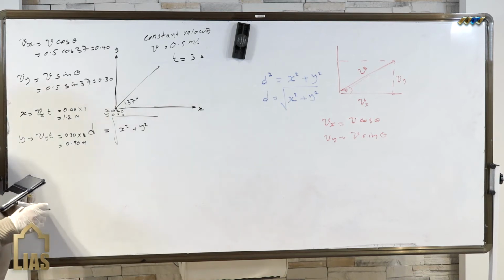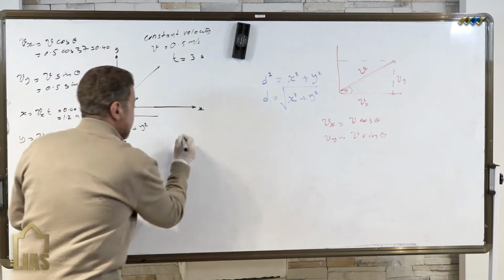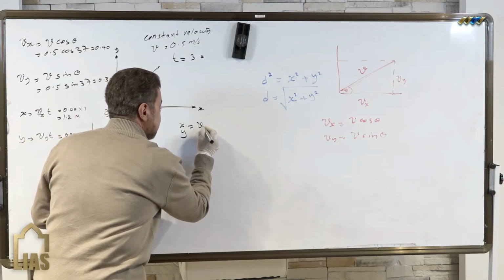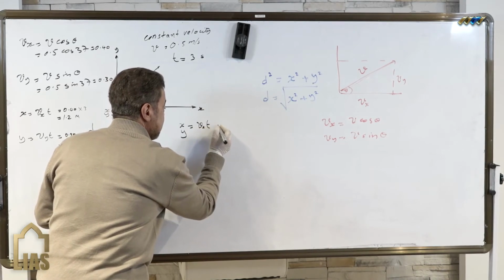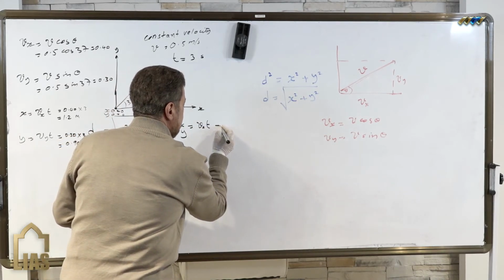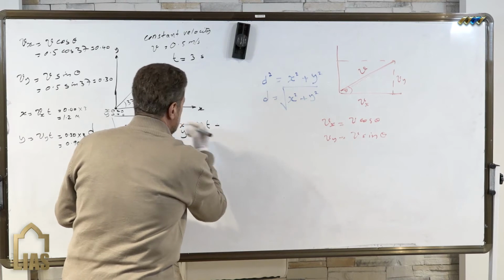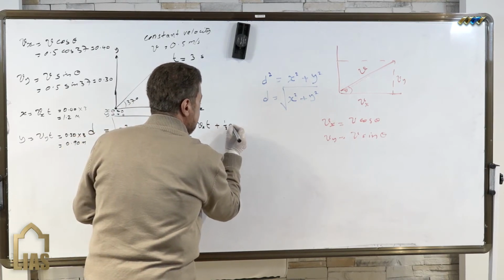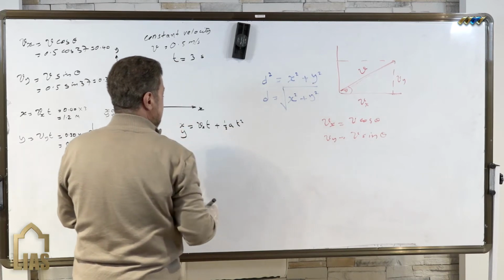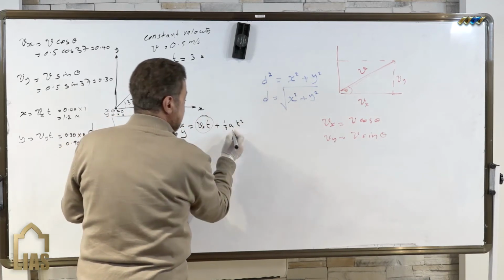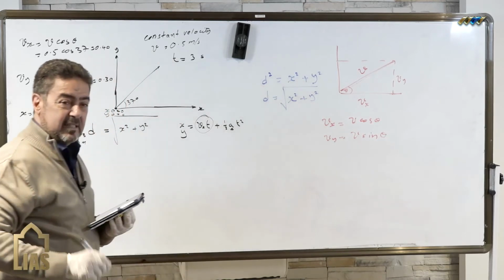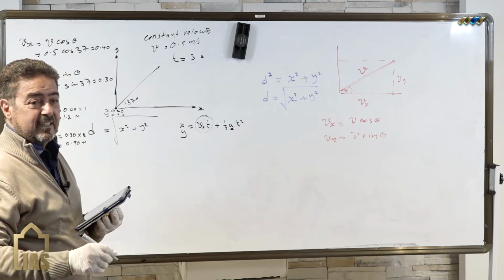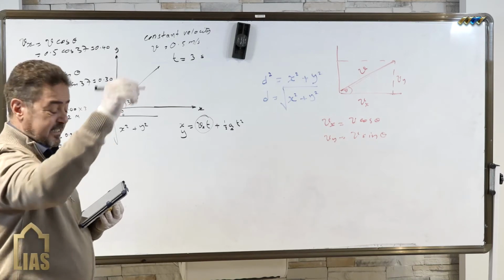Note that x is equal to x0 plus Vx t plus half a t squared, but we use only this. Remember, when I said it's a constant velocity, the acceleration is 0, as we have done on that graph.